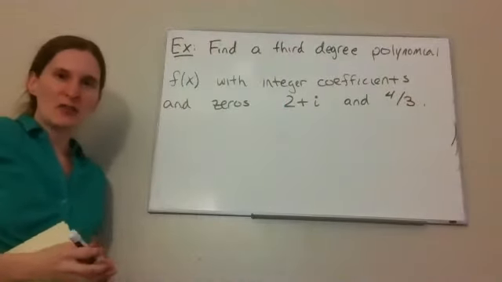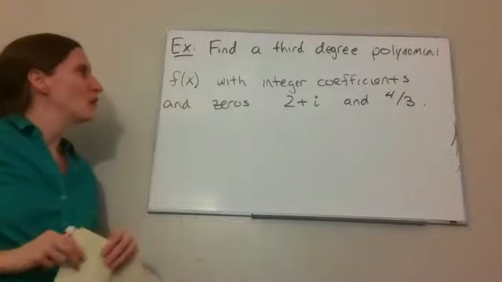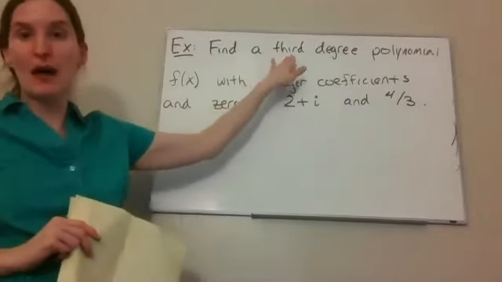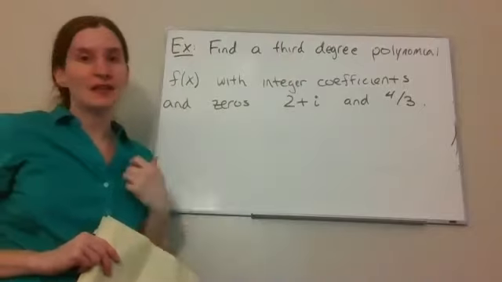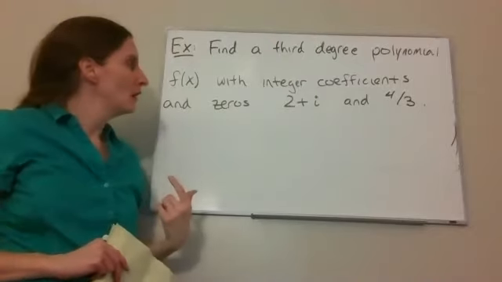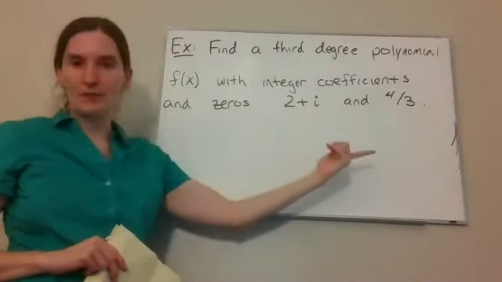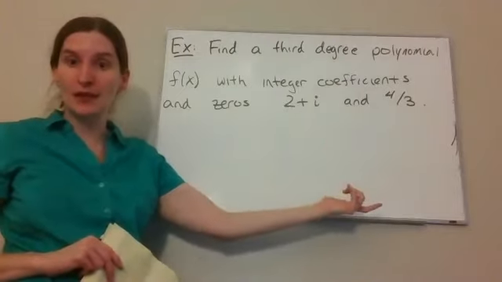Well, let's take a look at what we have here first. We want a third degree polynomial, and that means we need to have 3 zeros. But I was only told 2 of them. Do we know what the third zero is?